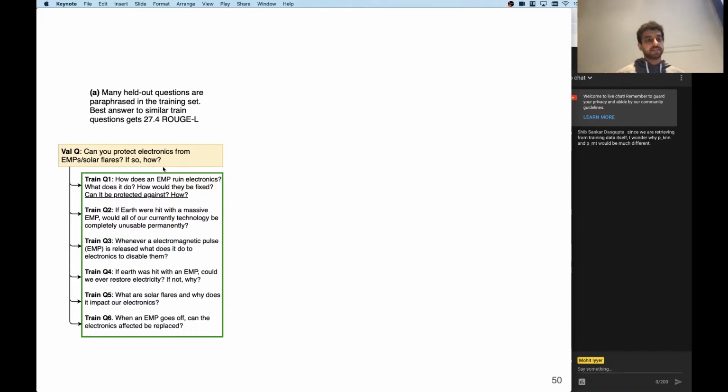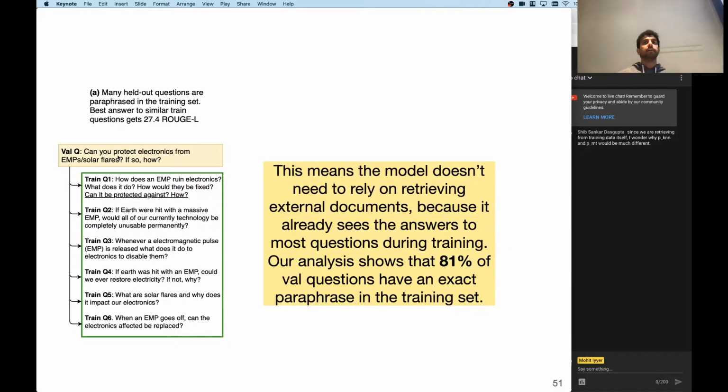If so, how? And then there are several questions in the training set about EMPs. Some of them have high overlap with this particular question. So you can imagine a generation model that has been trained on these training questions could just spit out the answer to any of those and get some points here without having learned the actual underlying concept.